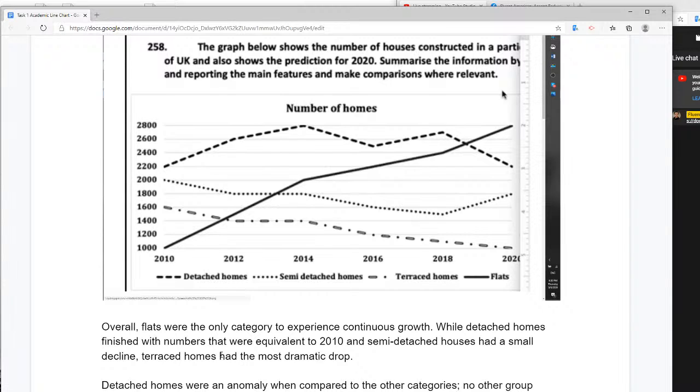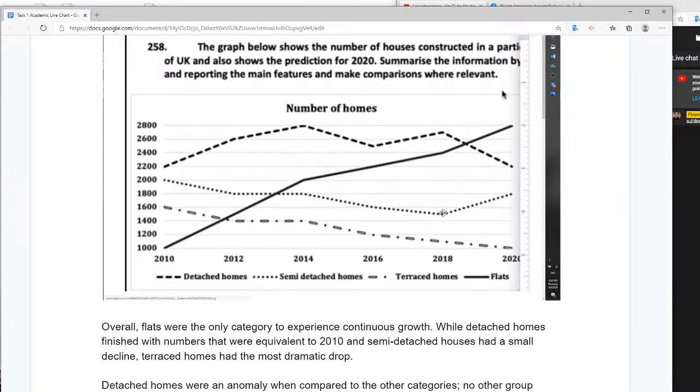Began with a plunge from 2,000 houses in 2010 to, I'm just going to go down to the fall in 2018, to a low of, how many houses is this?